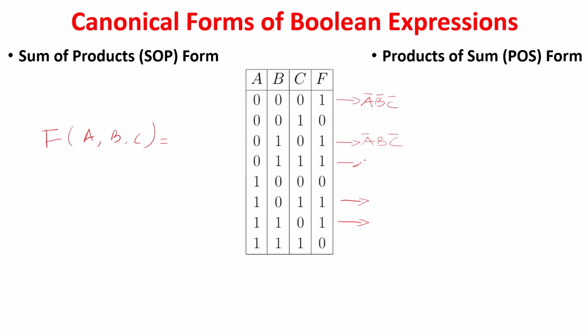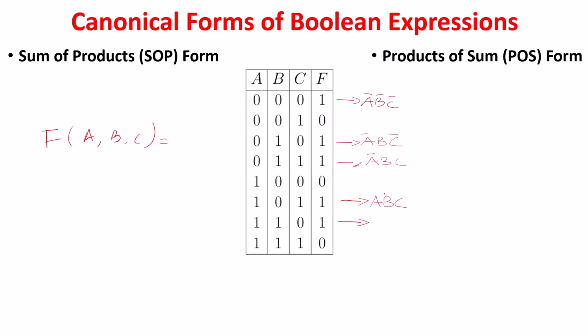For the next one, we have A, B, C. A is 0, so we have A bar. B is 1, so it remains the same. Likewise, C is 1, so it remains the same. Then the next one, we have A, B, and C. A is 1, it remains the same.